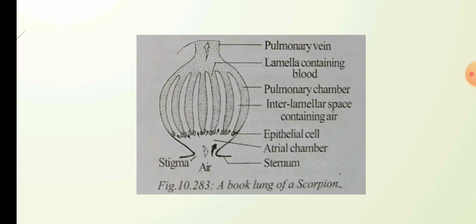So this is about the book lung of the scorpion. With this we have completed the types of respiratory organs that are found in terrestrial arthropods.